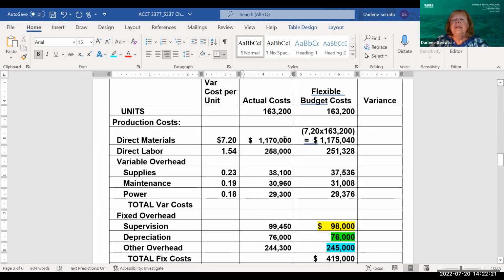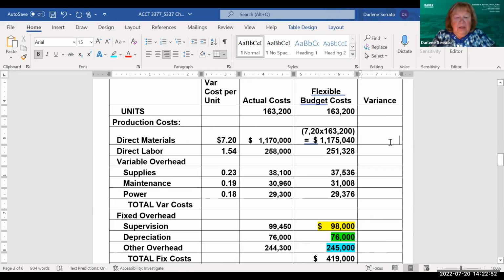Now, the variance is the difference between actual and flexible. Along with calculating the dollar amount of the variance, we need to specify if it is favorable or unfavorable. When actual costs are greater than budgeted, it is unfavorable. When actual is less than the budget, then it's a favorable.